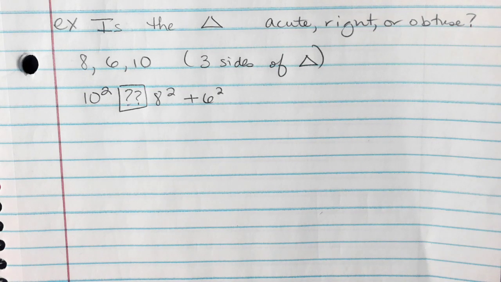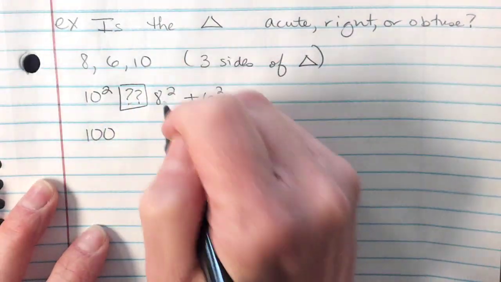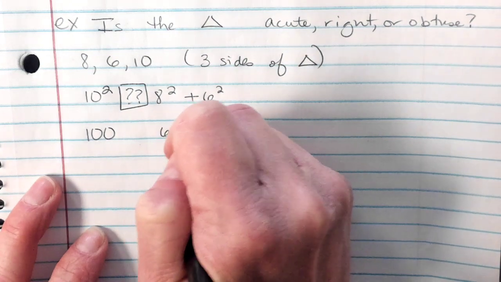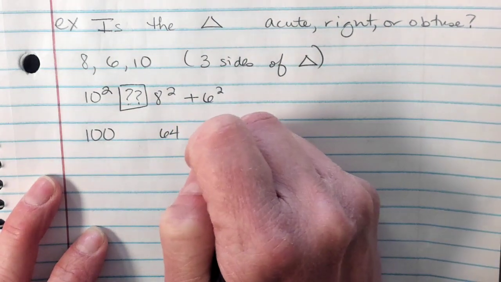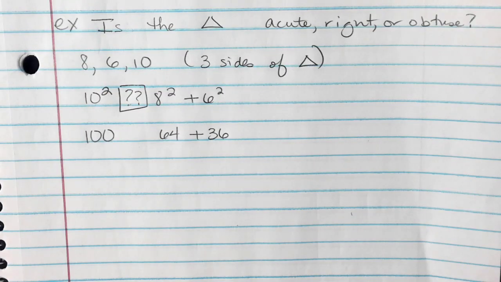So I'm going to do some quick arithmetic for you. 10 squared, I think that's 100. 10 times 10. 8 squared, do you guys remember what 8 squared is? 8 times 8? Thank you, 64. 6 times 6, what's that? Okay. If you don't know them, it's totally okay to use a calculator. I'm not going to take that away from you.